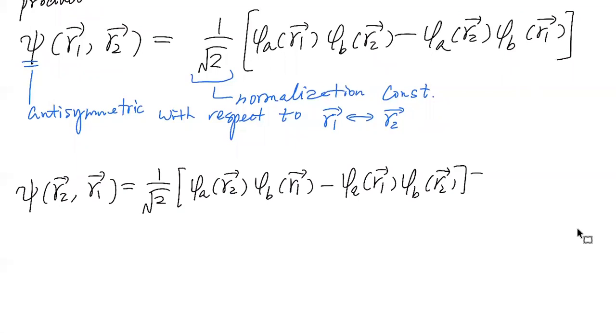And this is equal to negative psi R1, R2, right? This is the way to build in the antisymmetry in your Hartree product. So you no longer use a single term, a single product. You should use a linear combination of the products, right? And this concept can be generalized to multi-electron Hartree products.